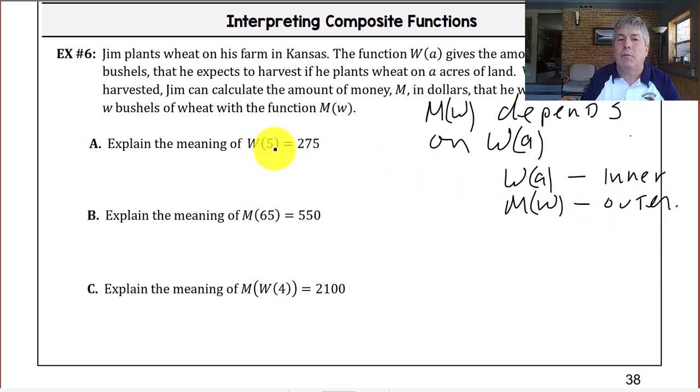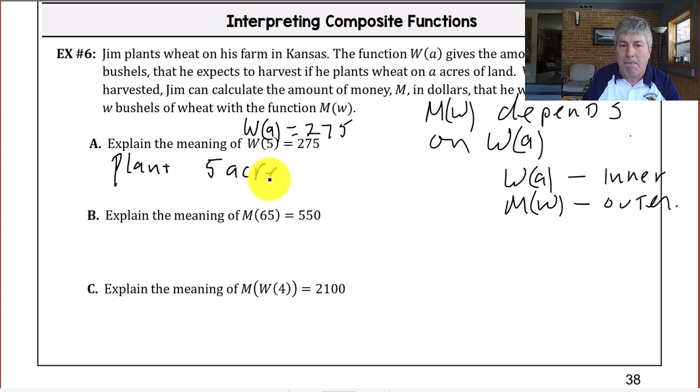The meaning of w of 5 equals 275 means that if he plants 5 acres of wheat, he will generate 275 bushels. So plant 5 acres, generates 275 bushels.